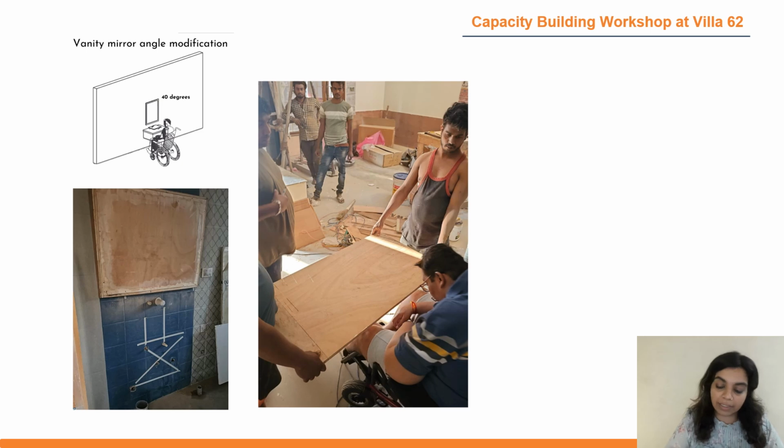We realized the depth of the vanity counter that we had given was a little more than what he required. And at the same time, we had to be very considerate about his knee space as well. It was a little tricky situation. And by testing this process, we were able to convert a more appropriate vanity and sink counter for Mr. Bennett.